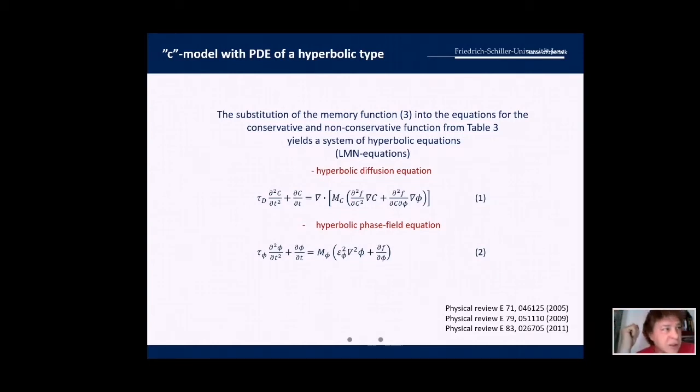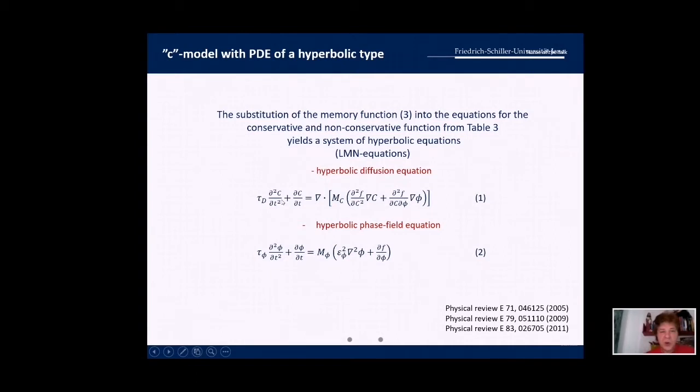B is the description of the conserved order parameter, and C combines both cases. So we have a transport of mass. C is concentration here, and we have diffuse interface propagation by this equation.